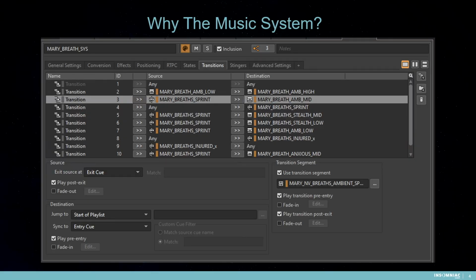The second thing is that these two breaths, sprint and jogging, are two completely different breath speeds. If you're going from sprinting to a jogging breath and slowing down, how do you make that transition sound good? So we used transition segments, which trigger between the source and the destination.